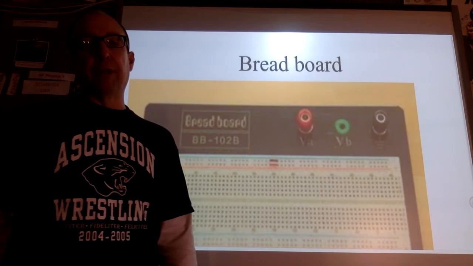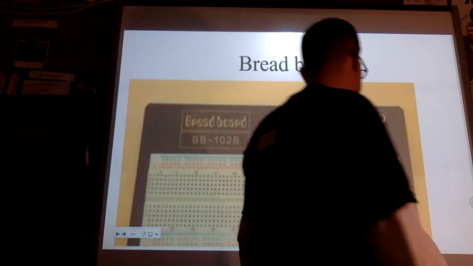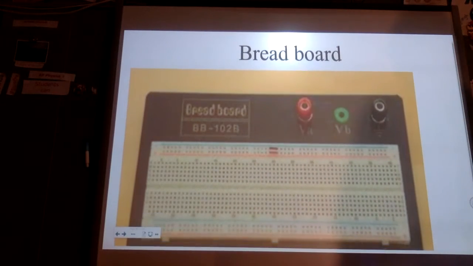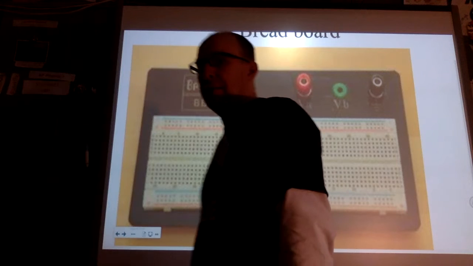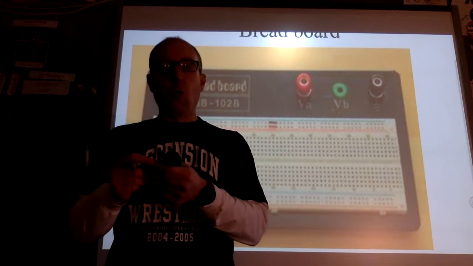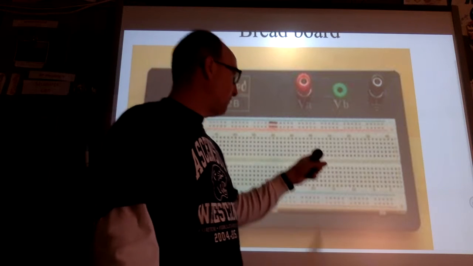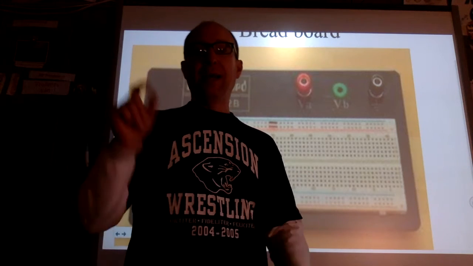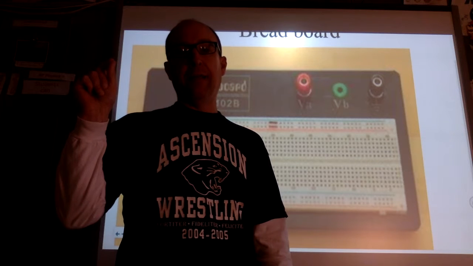We are going to use breadboards. They're called breadboards because they look like pieces of bread. If you think about a close-up look of a piece of bread, it has little holes in it. The idea of this is so you don't have to hold wires together or solder wires together. Inside of each one of these little holes is two pieces of metal that are spring together.